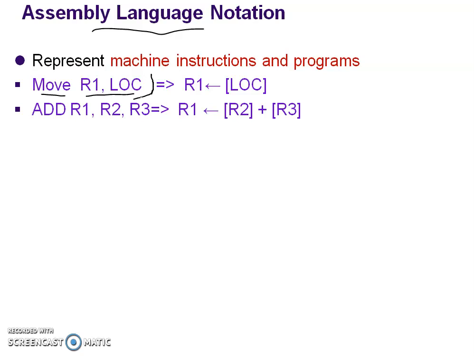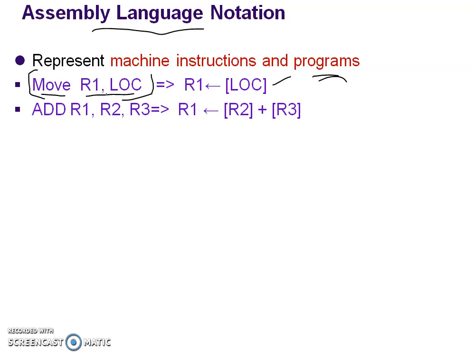If more than one instruction is written in a sequence, stored in memory and executed, then that is called a program. Then R1 arrow LOC can be written in assembly language notation as move R1, LOC.